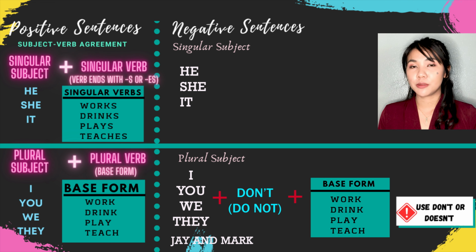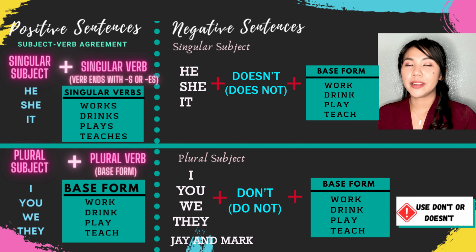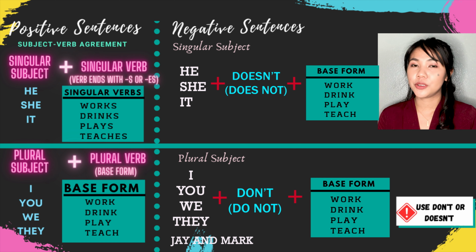For singular subjects and pronouns he, she, and it, we will use doesn't. Subject plus doesn't plus the base form of the verb. Repeat after me. He doesn't work. She doesn't work. It doesn't work. Jay doesn't work. Notice here that we don't need to add s or es to the verb of singular subjects.